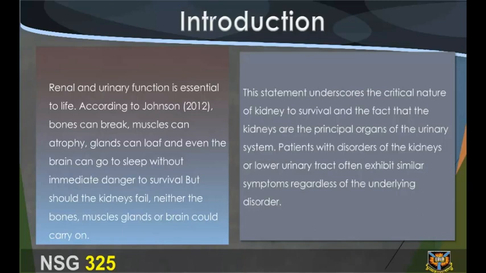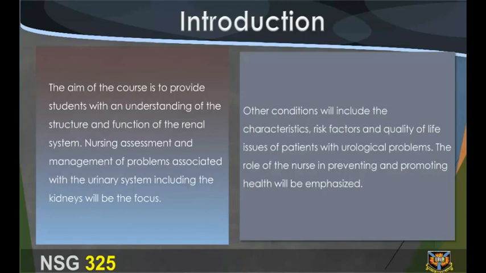of the urinary system. Patients with disorders of the kidneys or lower urinary tract often exhibit similar symptoms regardless of the underlying disorder. The aim of the course is to provide students with an understanding of the structure and function of the renal system.